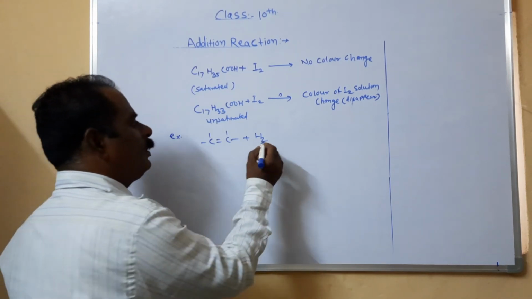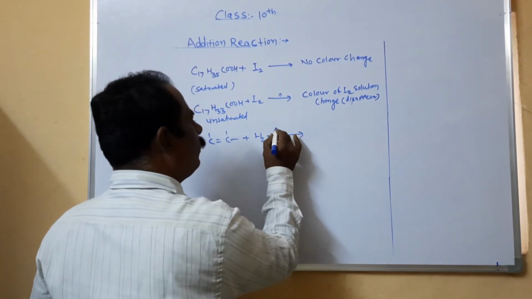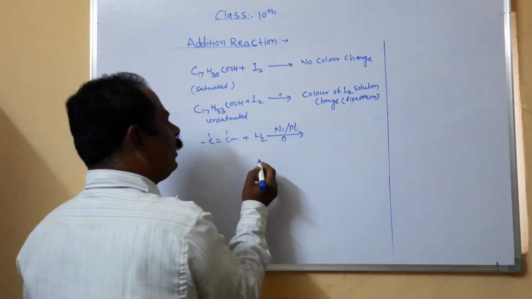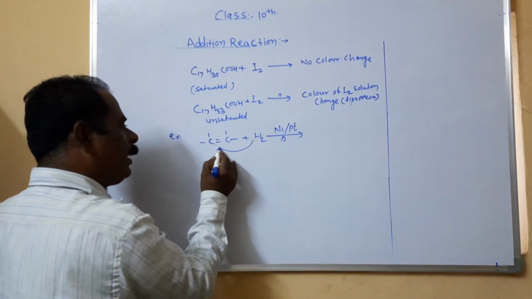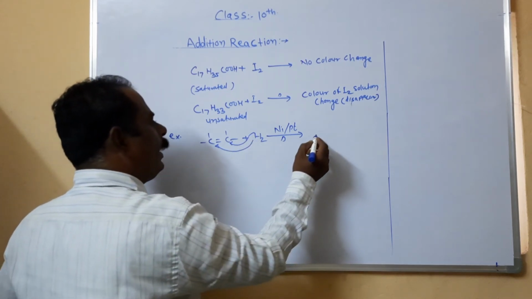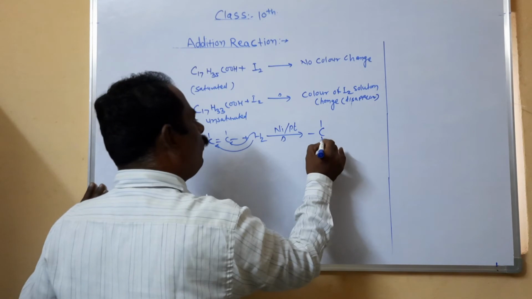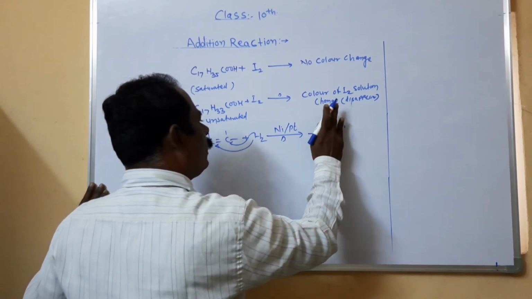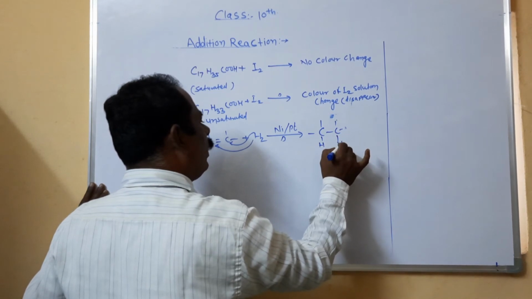Pass hydrogen gas in the presence of nickel or platinum catalyst and heat it. Then one hydrogen atom is added on one carbon atom and the other hydrogen atom on the other carbon atom, forming only one product containing a single covalent bond.